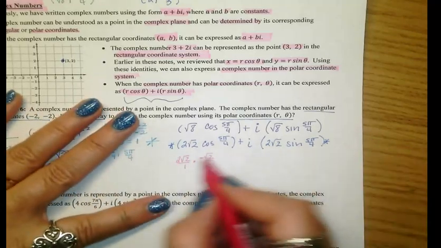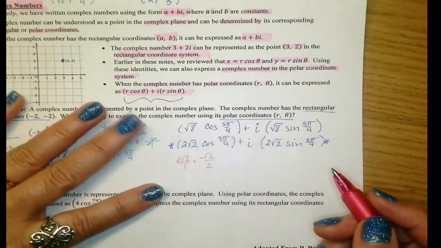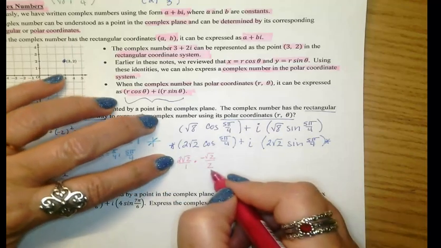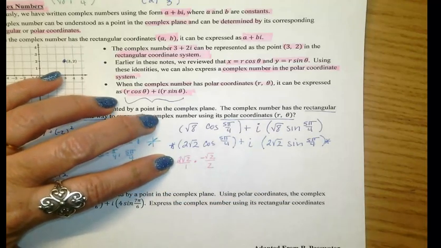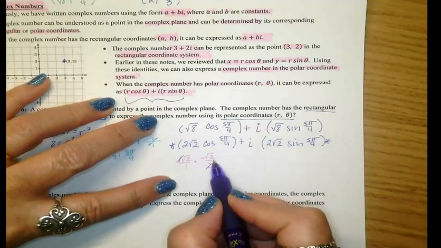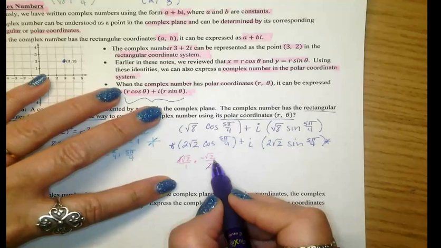So if I simplify this right here, then I can get my value. So 2 is going to cancel with my 2 right here and here. And then square root of 2 times square root of 2 is square root of 4, which is 2.